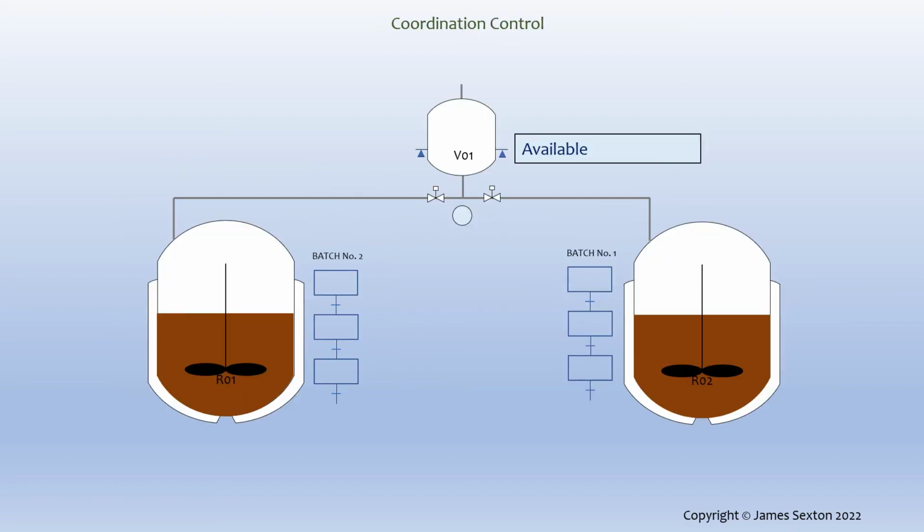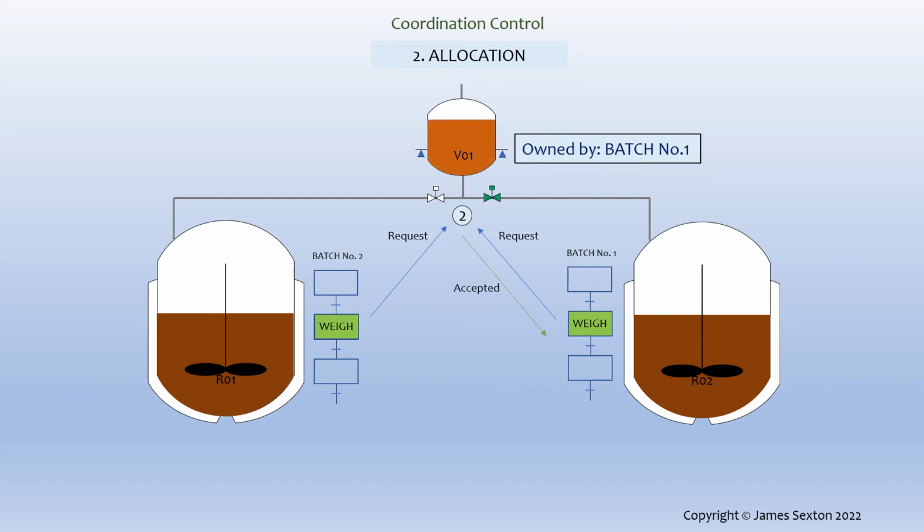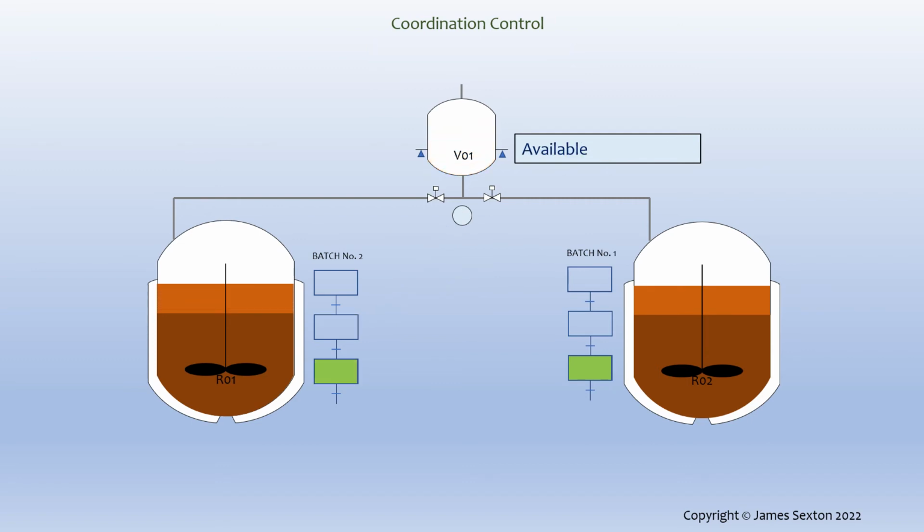For example, if an equipment module could be requested by two different procedures at the same time, then an element of coordination control for that equipment module may describe the arbitration rules. It may be first come, first served, or perhaps something more nuanced. In any case, the equipment module can be temporarily allocated to each unit in turn by the allocation control.